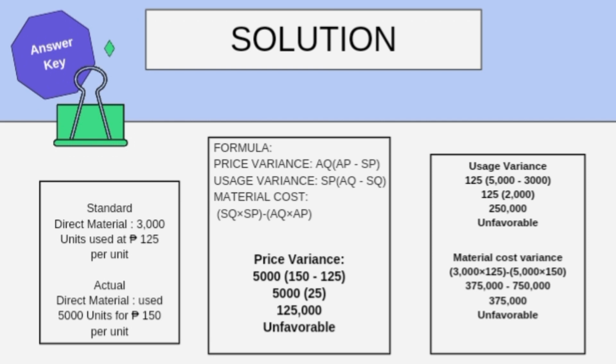For the material cost variance, it is considered as unfavorable because the materials that need to be used for the actual is much higher than the standard one. This means that the company uses more than the ones that they planned. So it is unfavorable. That's all for the topic of material variance.